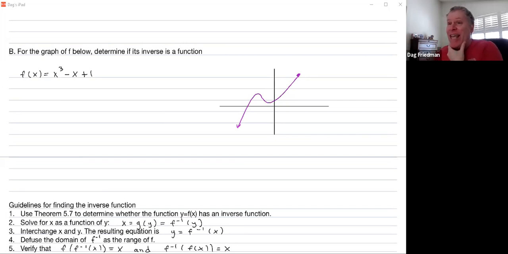Okay, let's check it using calculus. We said it's not monotonic, therefore its inverse is not a function. Let's look at calculus and have it back that up. So what I'd like you guys to do is take the derivative and see if the derivative is either always positive or always negative.